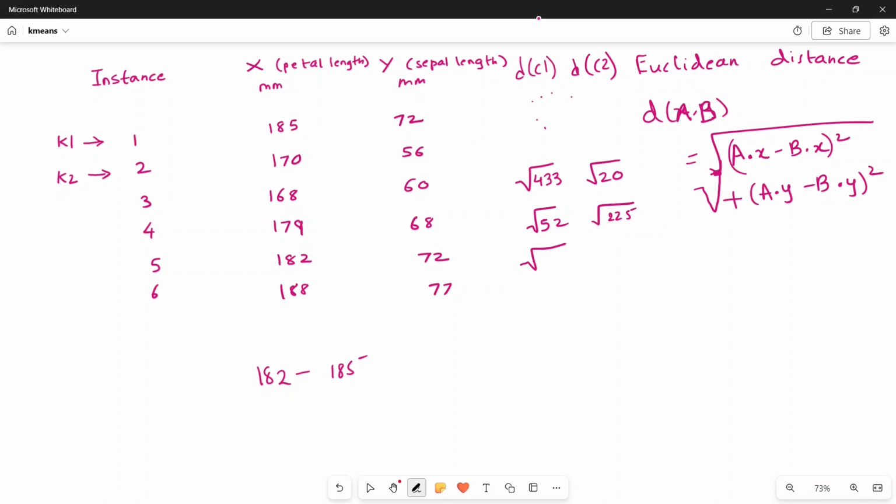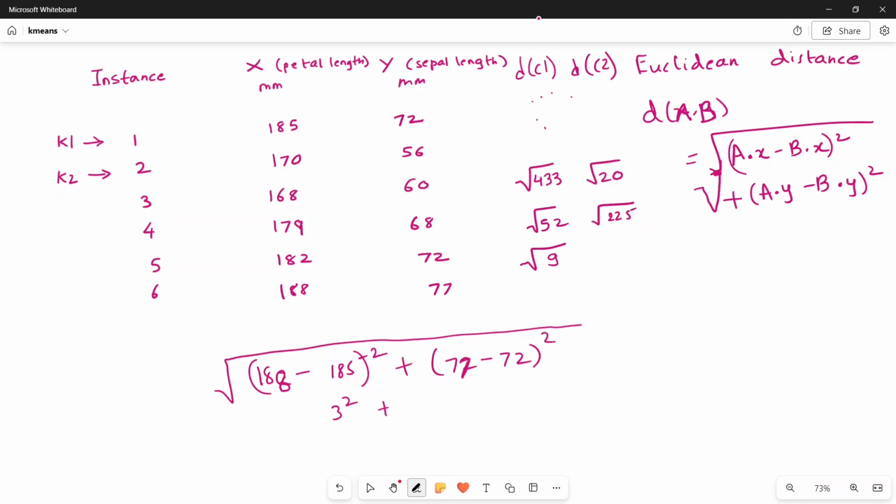So distance from the centroid of cluster C1 is 182 minus 185 square plus 72 minus 72 square, and then the square root of that. So this comes out to be square root of 9. Then for the last one, 188 minus 185, and 77 minus 72. So this is 3 square plus 5 square, which is 9 plus 25, which will be square root of 34.